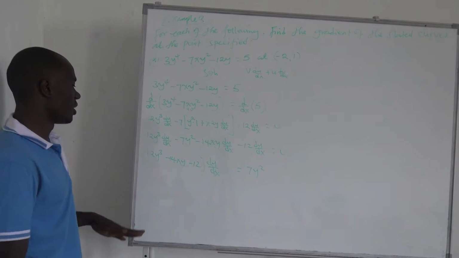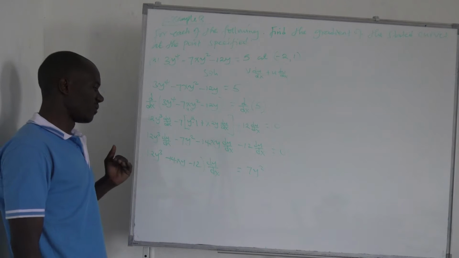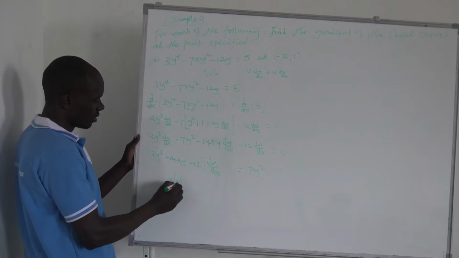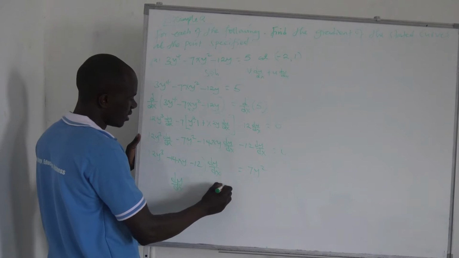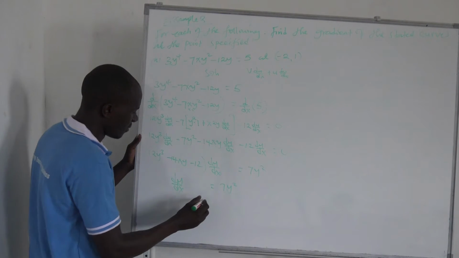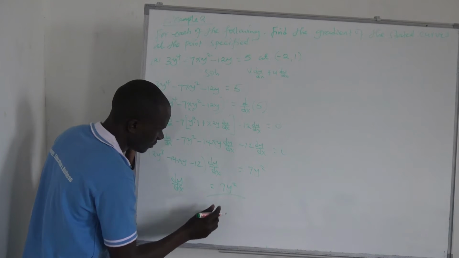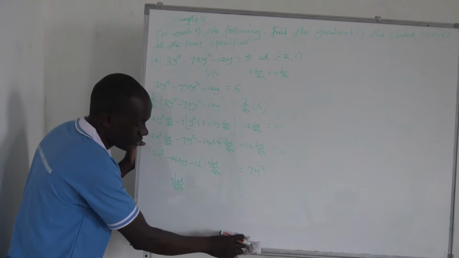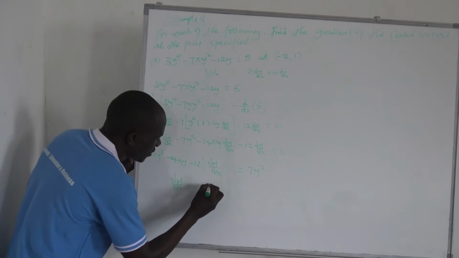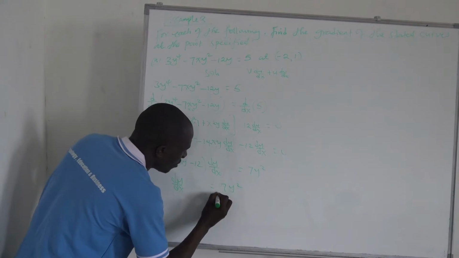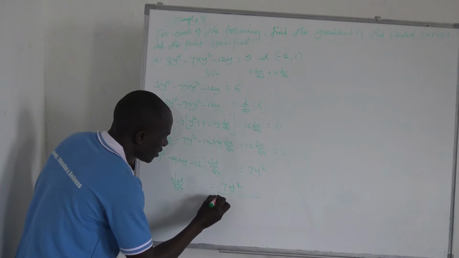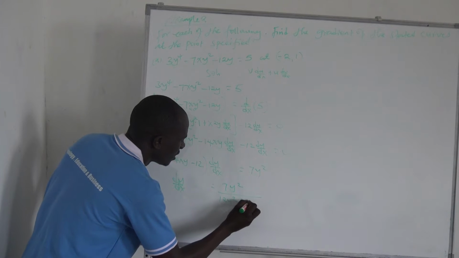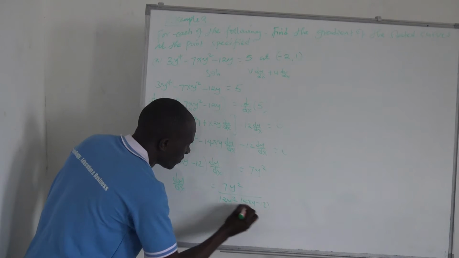How can I remain with the dy/dx alone? You are supposed to divide by that bracket. So what is the dy/dx? So our dy/dx equals 7y² all over the whole of this bracket, y³ minus 14xy minus 12.